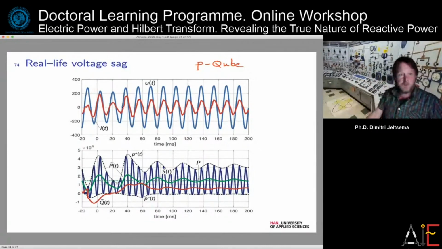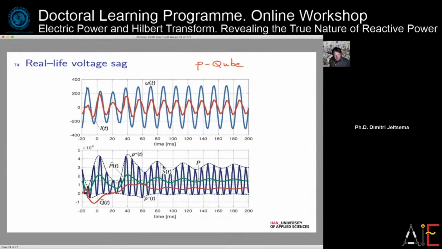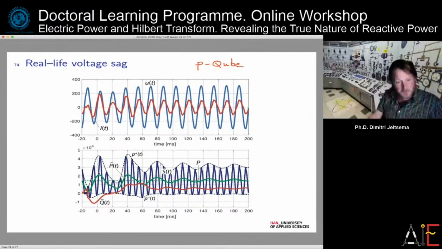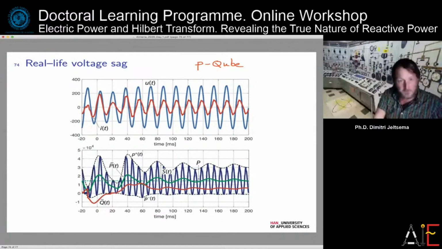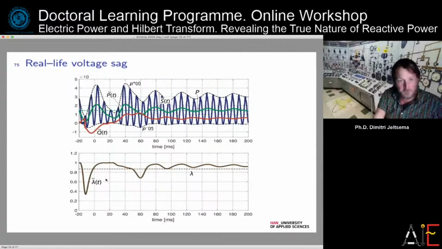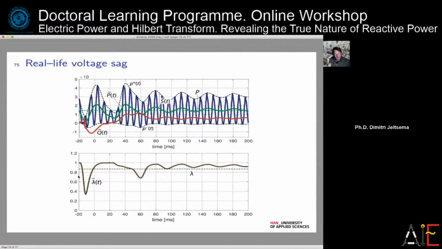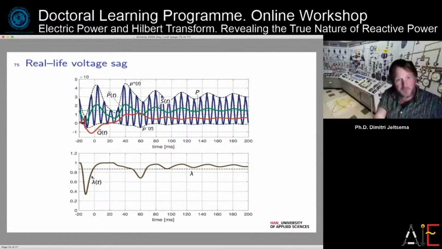It's just real life data, and if you apply it, then you see that indeed at the moment this sag occurs, a lot of strange things are occurring over here in terms of real and imaginary power, and also in terms of the power factor, which drastically drops over here.